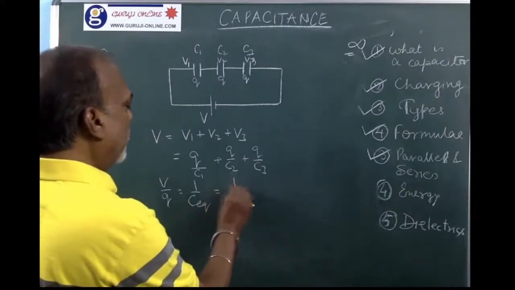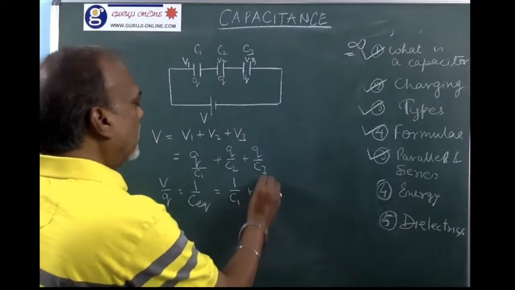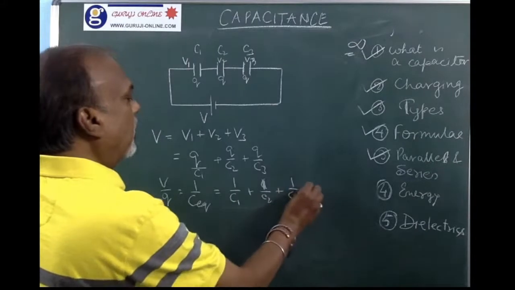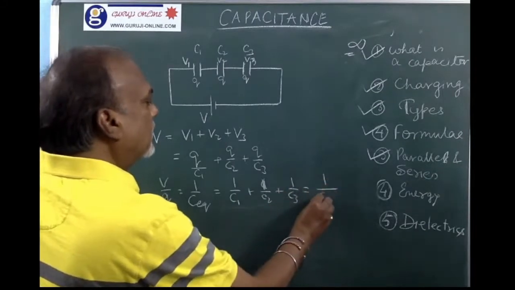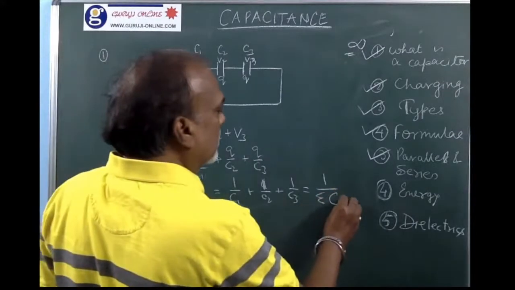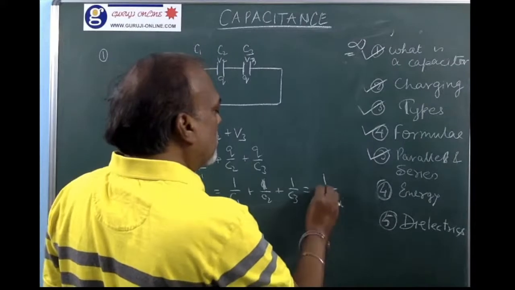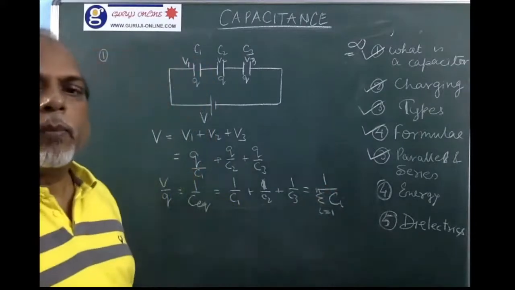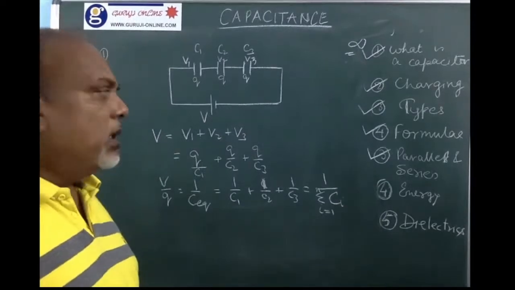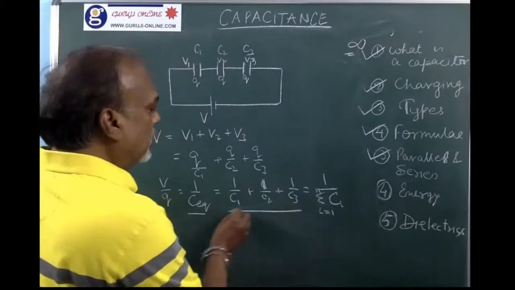This is nothing but 1 upon C1 plus 1 upon C2 plus 1 upon C3. Suppose n number of capacitors are there in series, then their equivalent capacitance you can calculate like this.